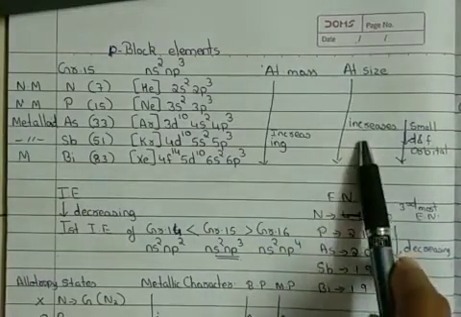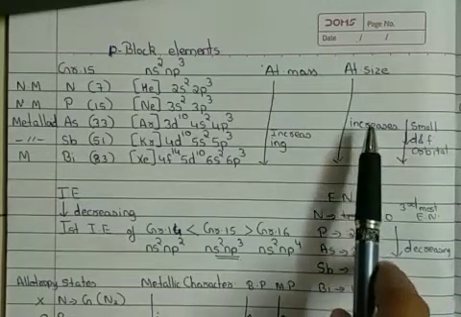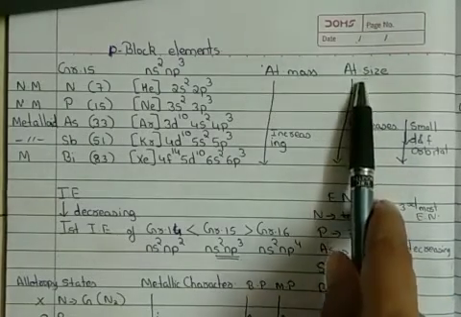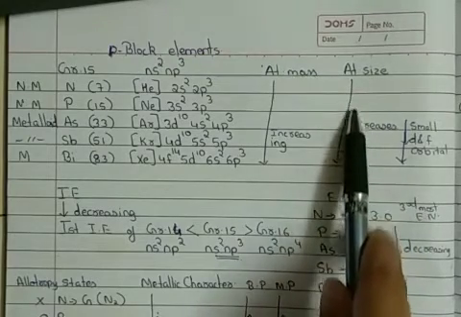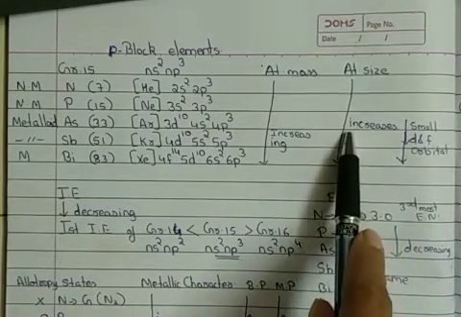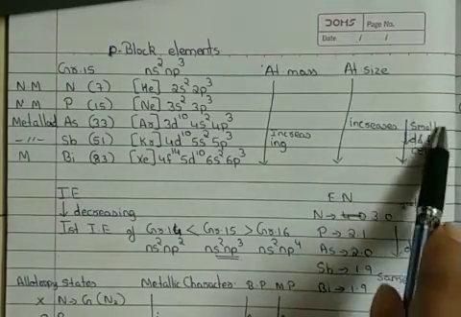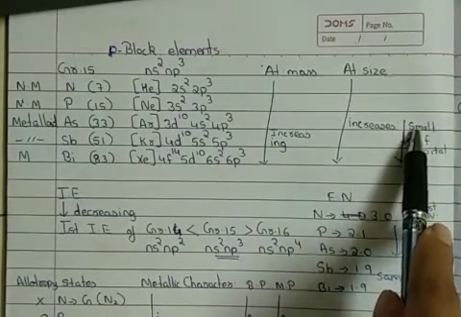However, in this we see one exception or one abnormality, that is when we move from nitrogen to arsenic, the increase is very high, as compared to when we move from antimony to bismuth, where the increase exists but is comparatively small.